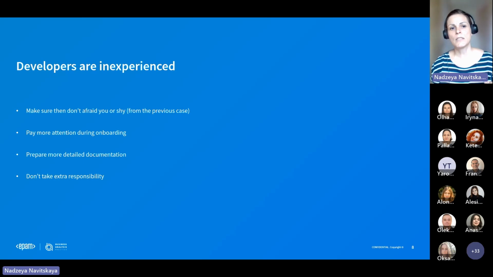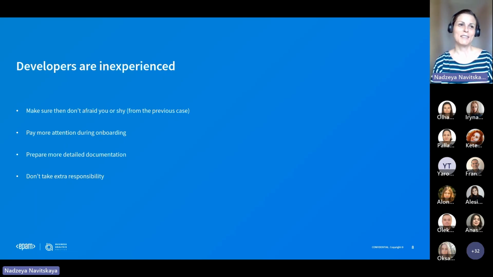For inexperienced developers, it may help to prepare more detailed documentation, even if business analysts think that it isn't worth it. And of course, don't take extra responsibility.